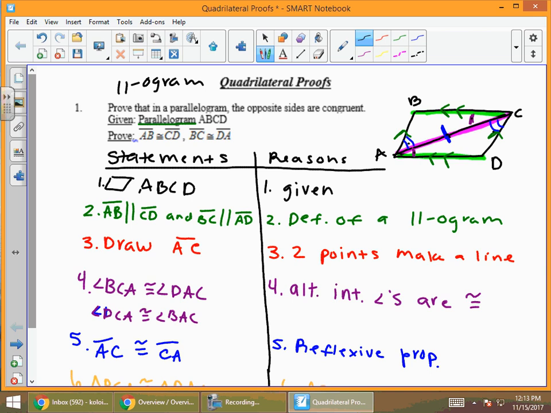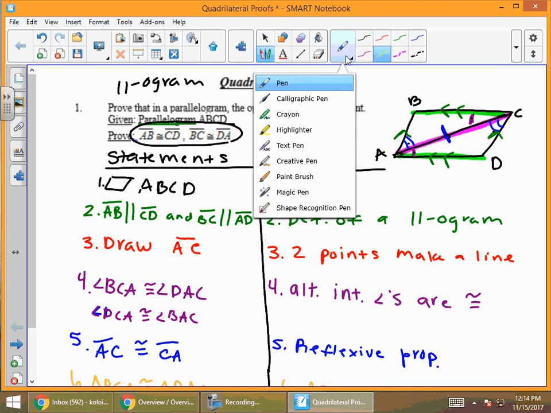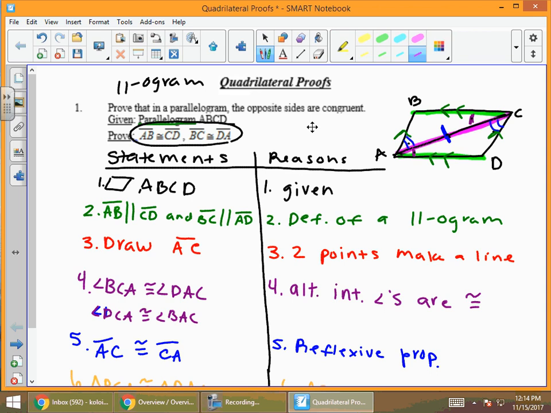Angle, side, angle. Now that we just showed that those triangles are congruent, we can state that their parts are congruent. Okay? And our parts are what we're trying to prove. Those triangles are congruent, so we know the opposite sides are congruent. So I know this side is congruent to this side. We also know that this side is congruent to that side.